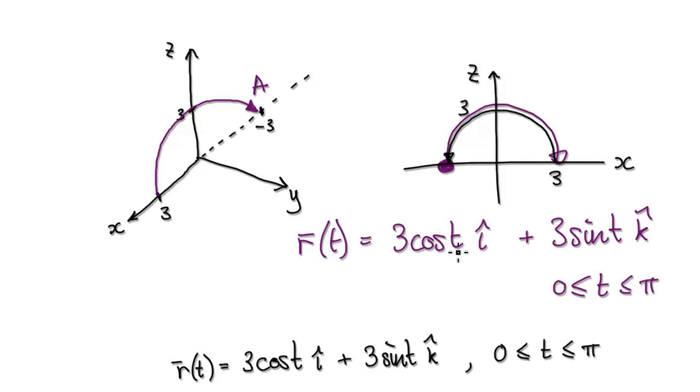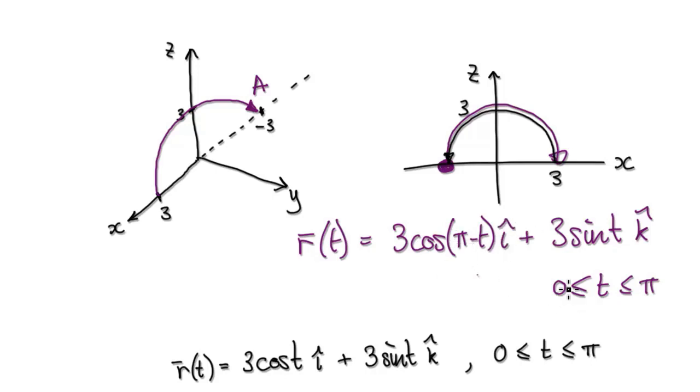So if you do this, see this t here, if you replace it with pi minus t, hang on. So this is a trick: pi minus t, and then stick an i hat in there.